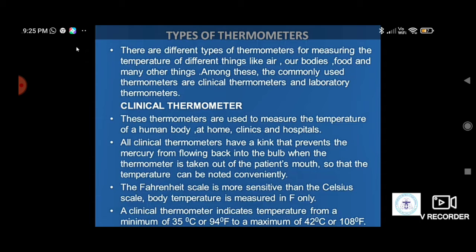All clinical thermometers have a kink that prevents the mercury from flowing back into the bulb when the thermometer is taken out of the patient's mouth, so that the temperature can be noted.